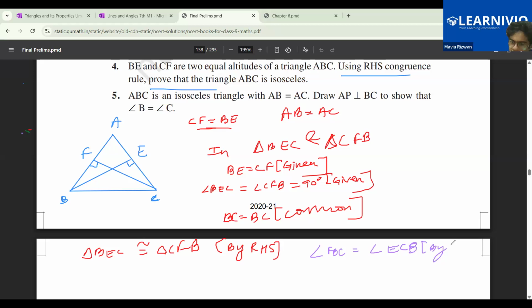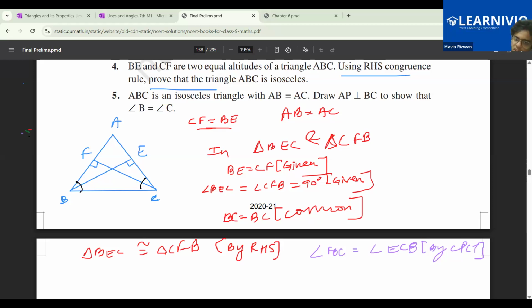What was the reason to prove these two angles equal by CPCT? Guys, if these two angles are equal in this whole triangle ABC, if this angle is equal to this angle, it means this side AB is equal to AC by the converse of theorem 7.3, that if two angles are equal, then the corresponding opposite sides would also be equal, right?